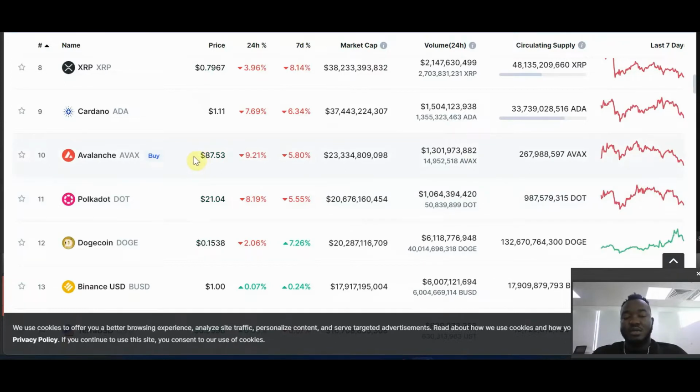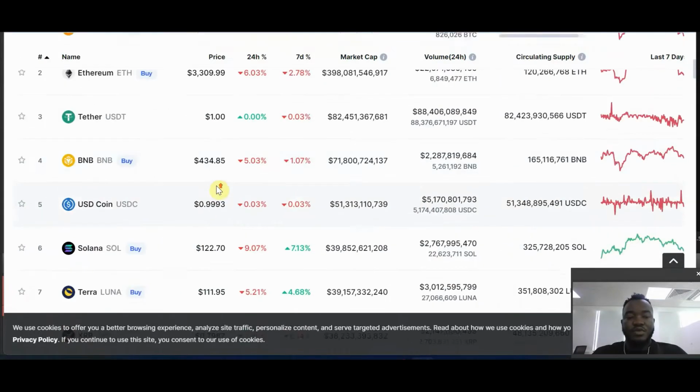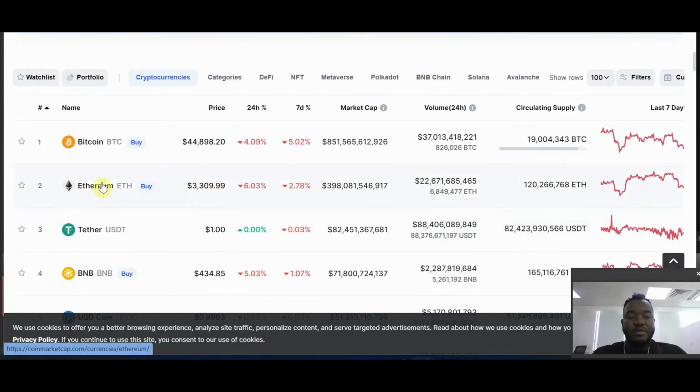So guys, this is what is happening in the market. You can see we have Bitcoin trading at 44.9k now, trying to come down with a 4 percent something minus.